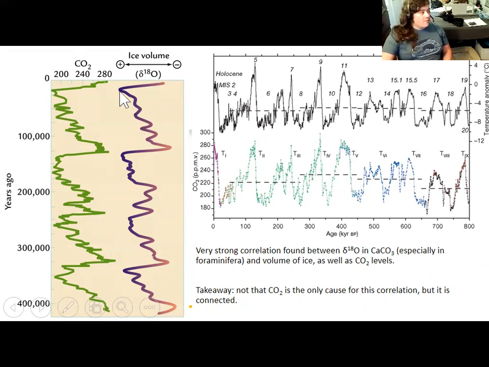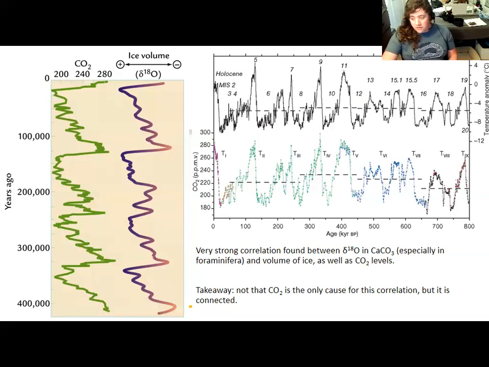And you'll notice they're kind of flipped around, like they're flipped around to show how the peaks line up. But what this shows you is that we can trace the amount of CO2 in the atmosphere and how it's changed by looking at the bubbles in the ice cores. And we can then follow how the oxygen isotope ratios have changed by looking at seafloor carbonates.